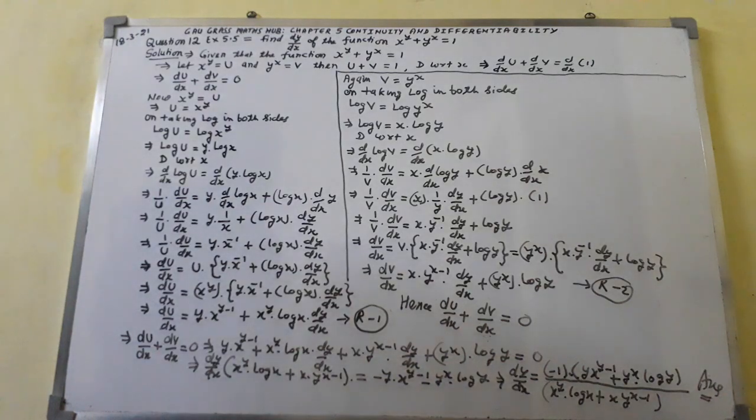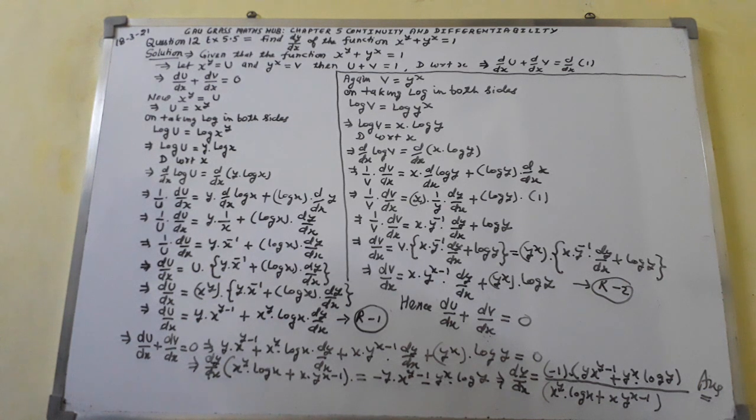Now I shall check the answer. Here I have got dy over dx equal to minus 1 taken as common, and inside the bracket y raised to the power x dot log y plus y x raised to the power y minus 1, whole over x raised to the power y dot log x plus x y raised to the power x minus 1.